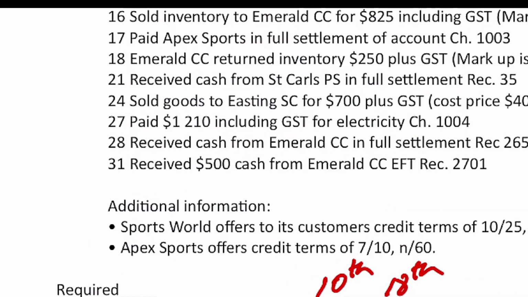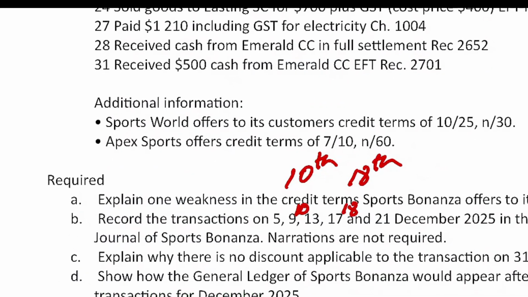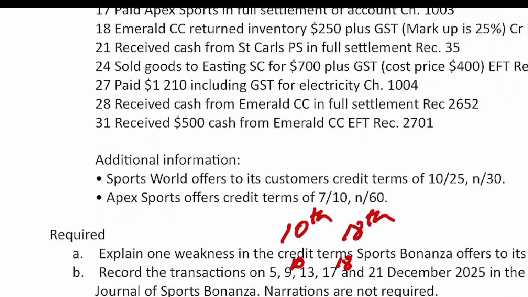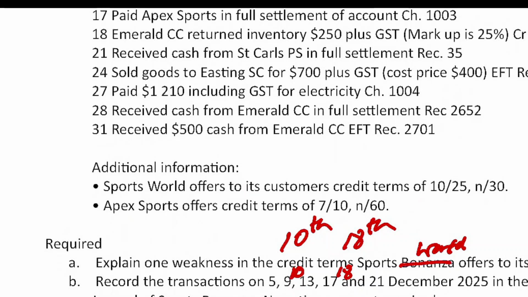Now part A, explain one weakness in the credit terms of Sports World. What is the weakness? Is it that its discount day and its final deadline day are too similar? Yes, it is very close.